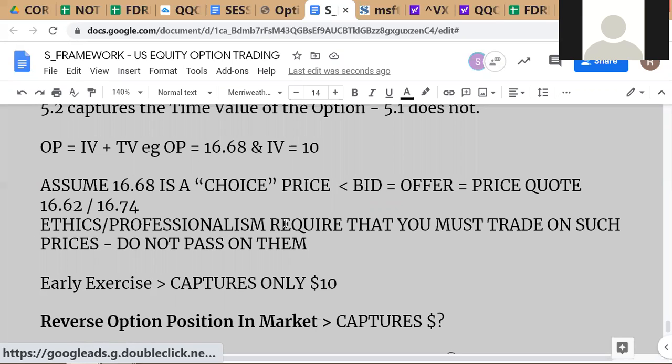Ethics and professionalism require this when you have called them up. So Nikita has called Utsav on the market making desk, and Utsav quotes a choice price. Now it is Nikita's ethical obligation not to pass, because she called to check the price, she's asking for a trading price, and Utsav has quoted a choice price.